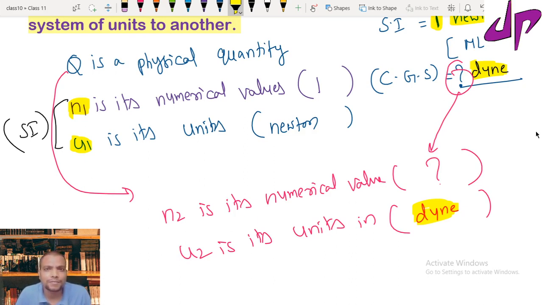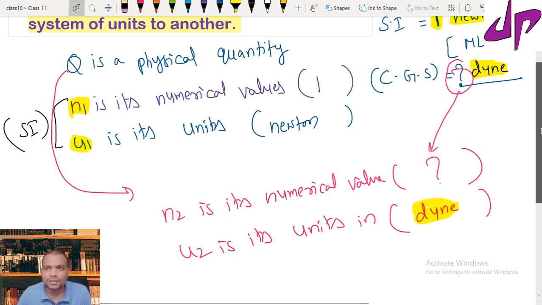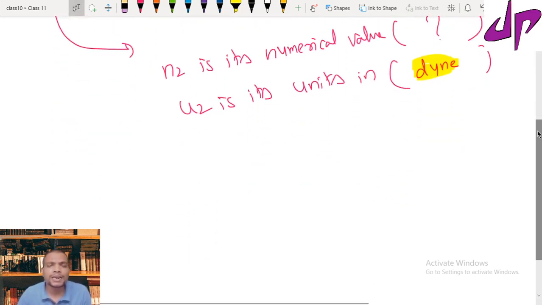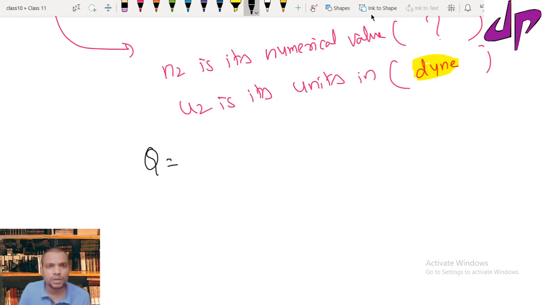To figure it out, the physical quantity is the same in both cases. So we can write a basic formula: Q equals N1 U1, which also equals N2 U2.